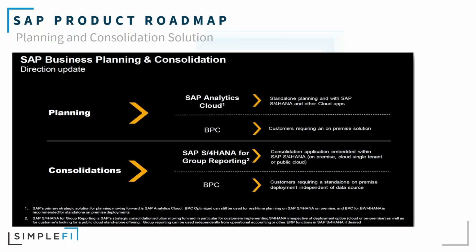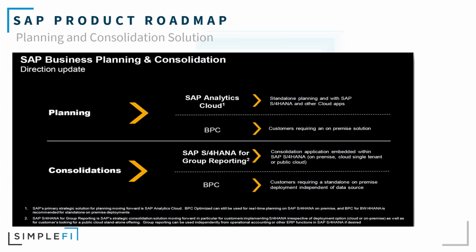Many of you, if you're using BPC today, this probably isn't new information, but just to level set, we know that from a product roadmap perspective, we look at planning and we look at consolidations. The way the SAP roadmap is explained, for planning we have solutions, either SAP Analytics Cloud or BPC.